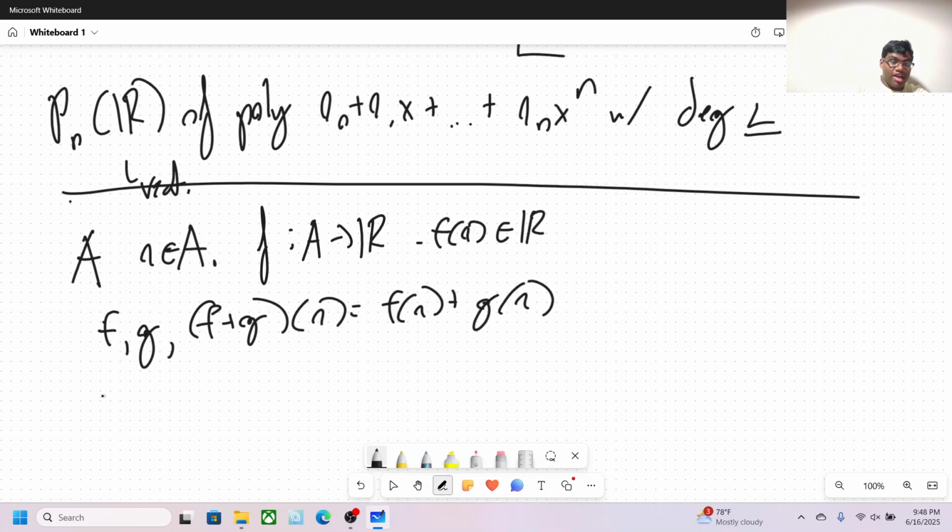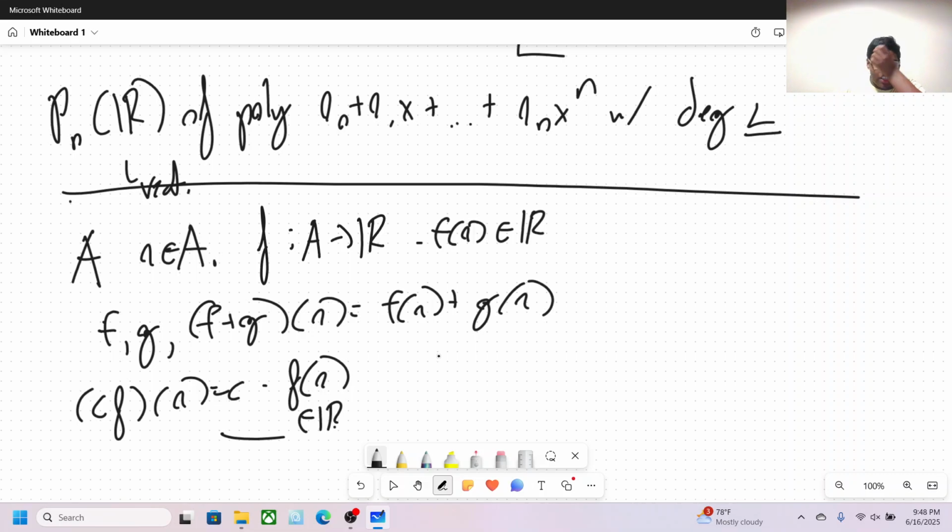And we scale by (cf)(a) equals c times f(a). And this is an R, so we can certainly multiply by c. And this is going to always be a vector space.